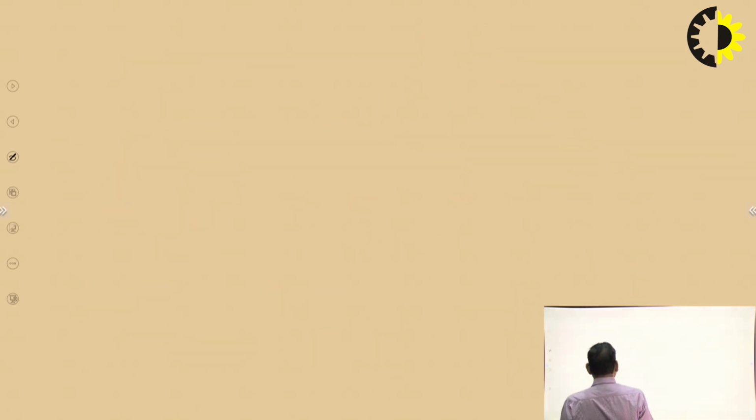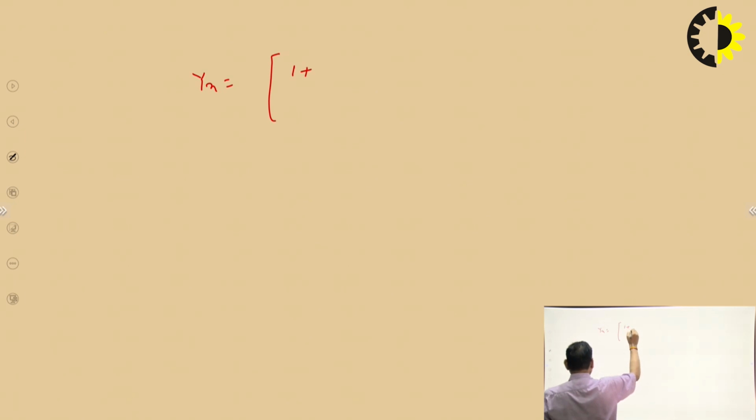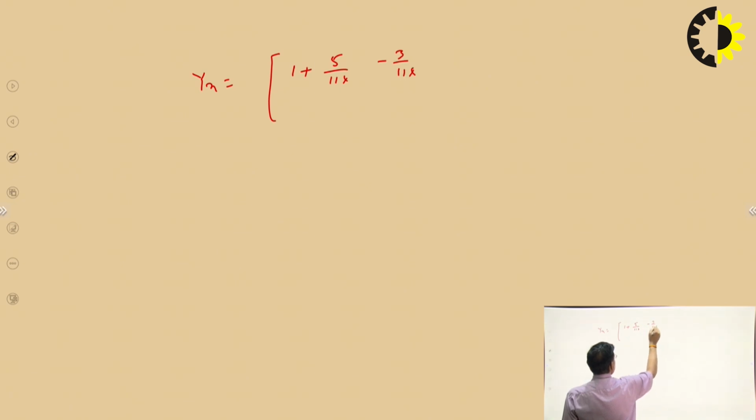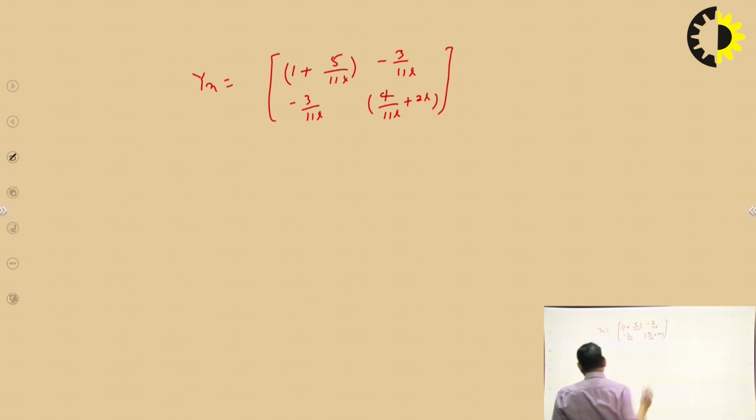So Yn is coming as 1 plus 5 by 11s, minus 3 by 11s, minus 3 by 11s. This is one element, and this is 4 by 11s plus 2s. So it is a 2 by 2 matrix.